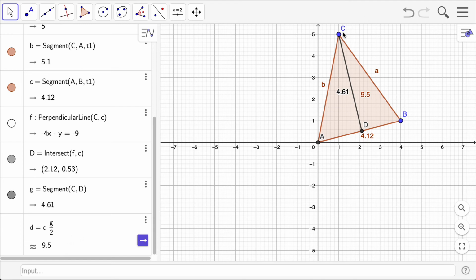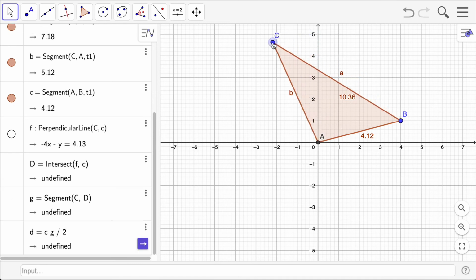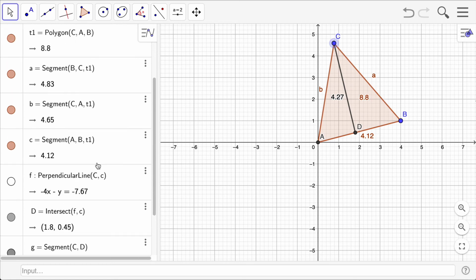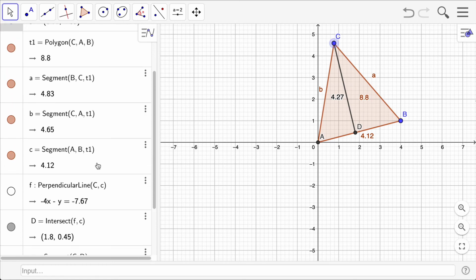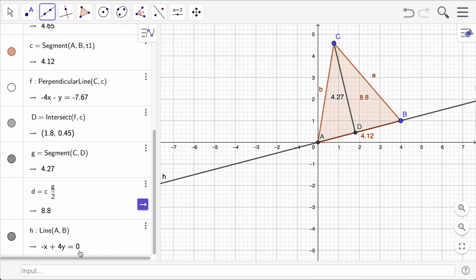Excellent. And now let me drag around one of these points. So as you can see, the height just moves along here. Oh, I've lost my height. Okay. Maybe I need to draw in a line between these two points.